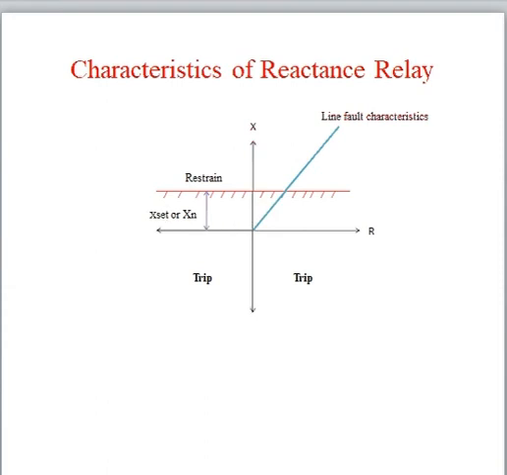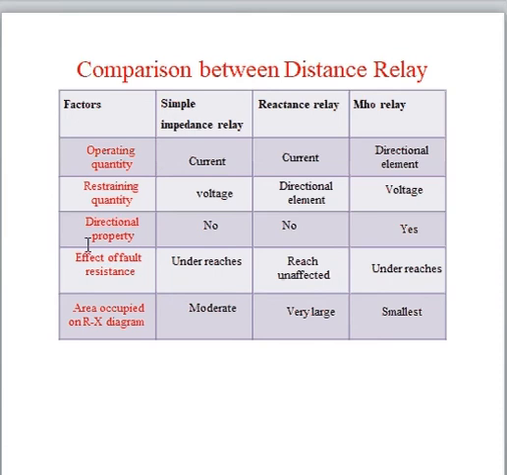This is the characteristic, and here you can see the comparison between the distance relays: simple impedance relay, reactance relay, and Mho relay. We have three types of relays: impedance, reactance, and Mho relays. Operating quantity: current and directional element. Restraining quantity: voltage.